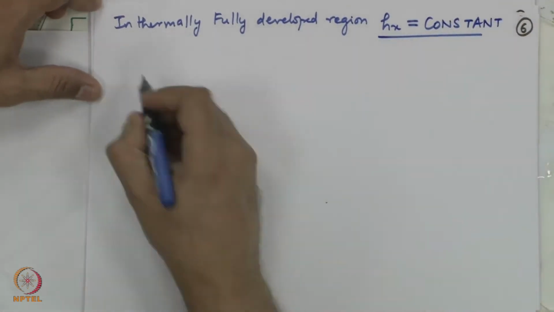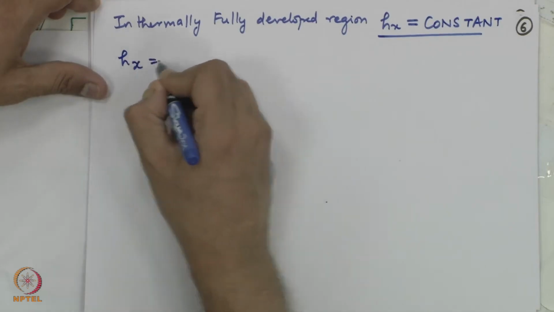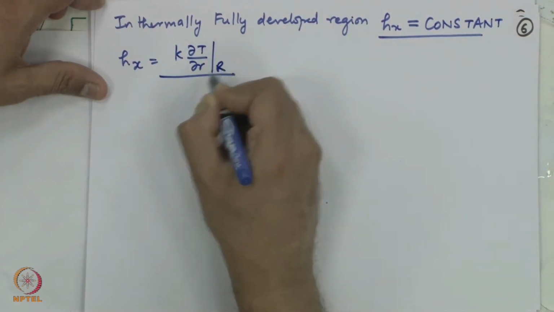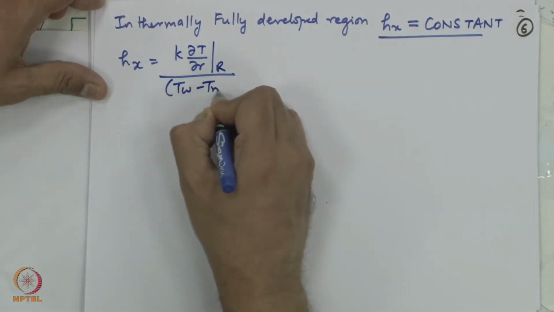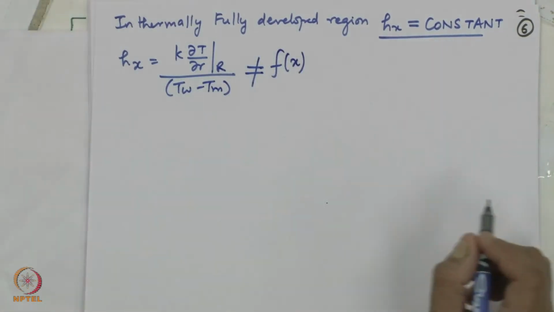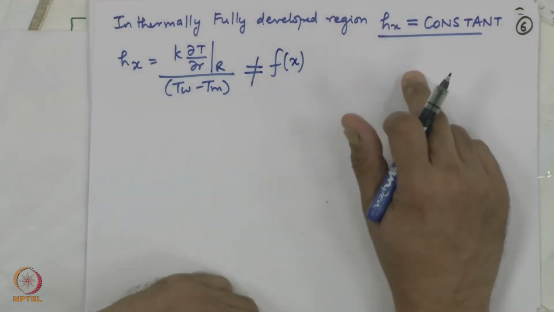How do I know that? h local, which is nothing but k dT by dr evaluated at r divided by T wall minus T bulk mean, is not a function of x. This means the heat transfer coefficient after the boundary layers have merged is constant.